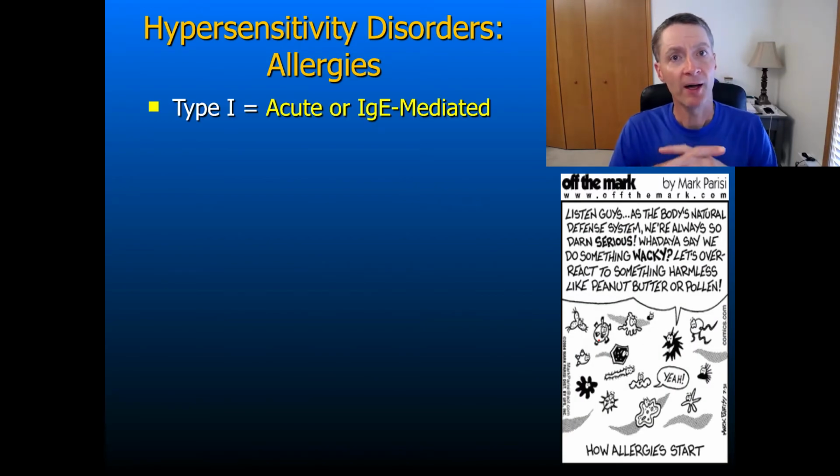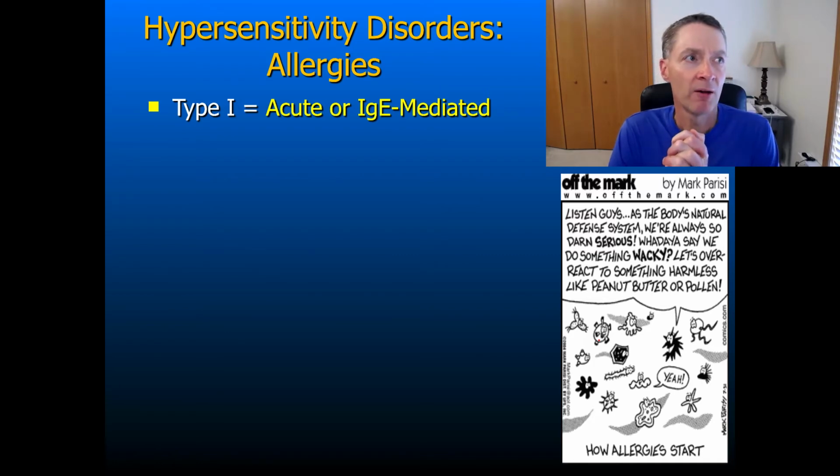Now, also kind of along the lines of an autoimmunity, but not quite, is hypersensitivity disorders. So here we have a normal response to foreign antigens. So in that way, it's not an autoimmunity situation, right? You're not producing antibodies against your own antigens. You're producing antibodies against foreign antigens, just like the immune system is supposed to do.